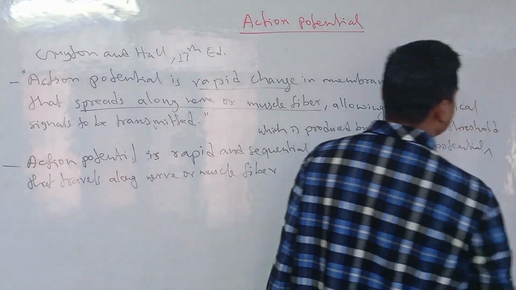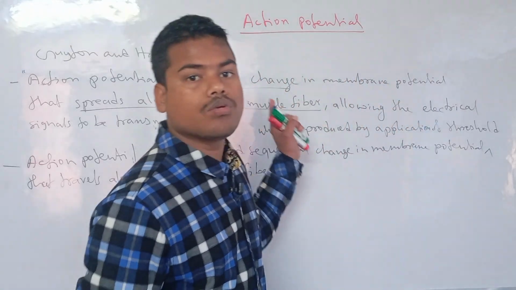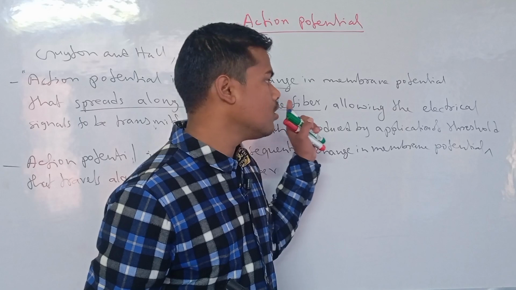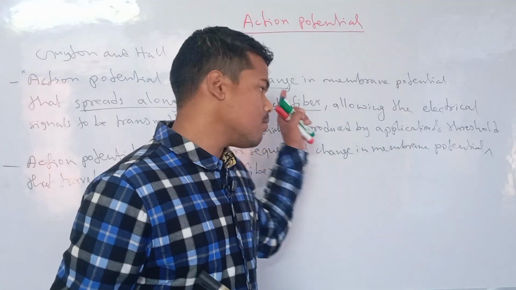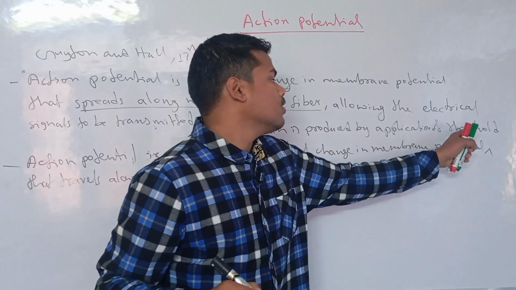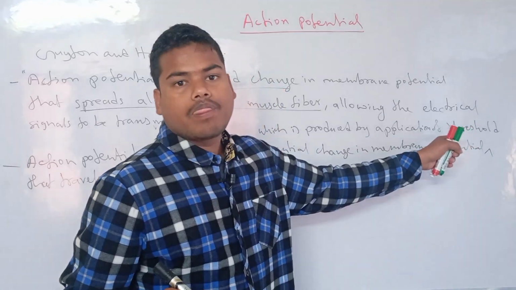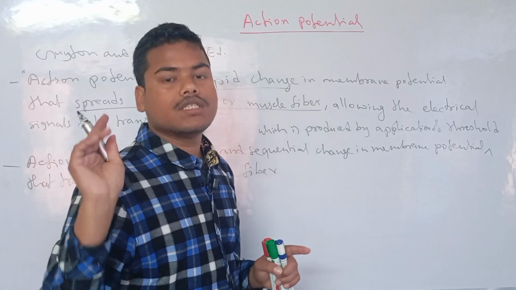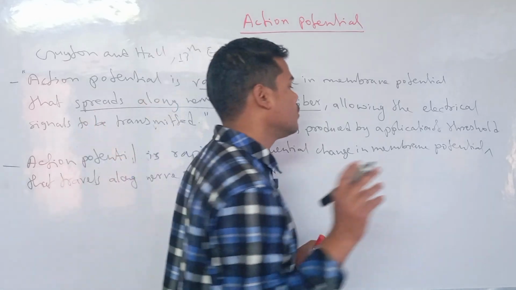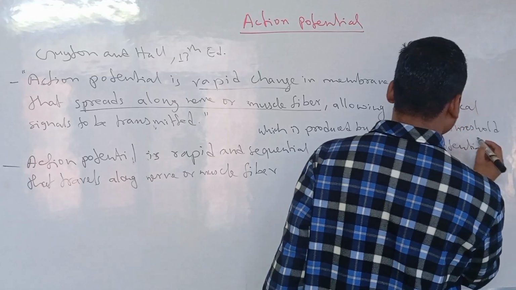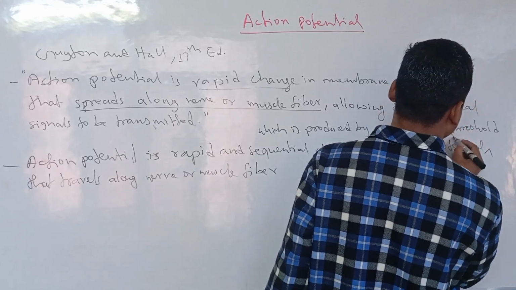Remember, the action potential follows the all-or-none rule, and by that rule it will generate and propagate only if the stimulus is a threshold stimulus.